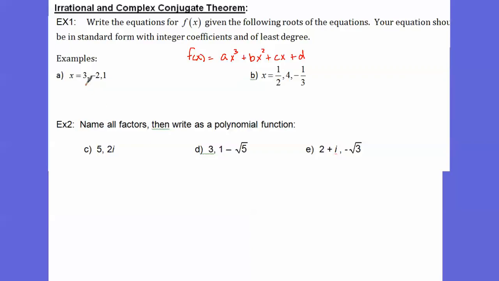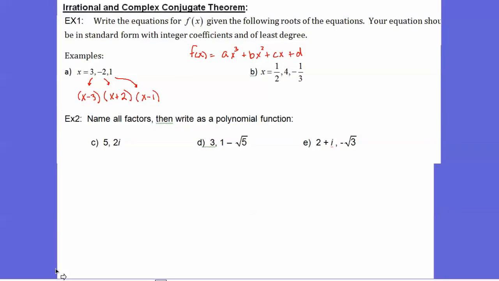So from before, we know that if this is a root, this particular factor would be x minus 3. This factor would be x plus 2. This factor would be x minus 1.